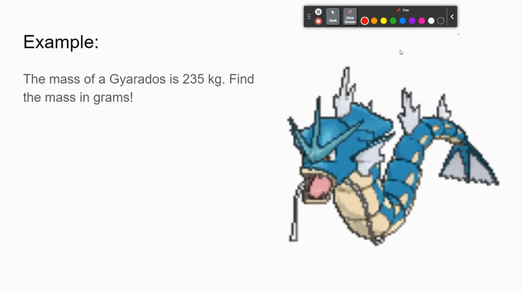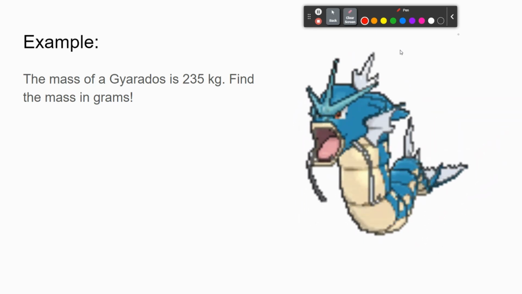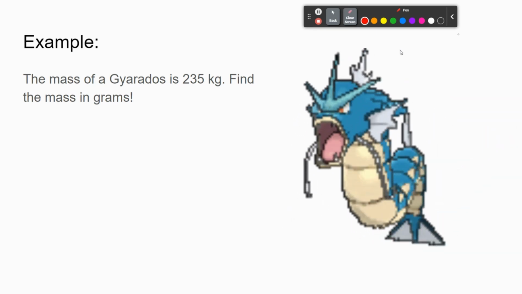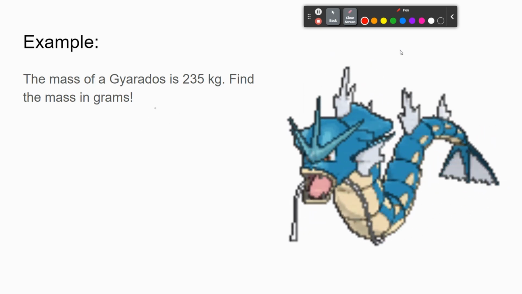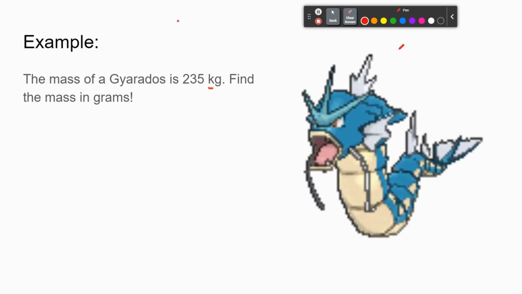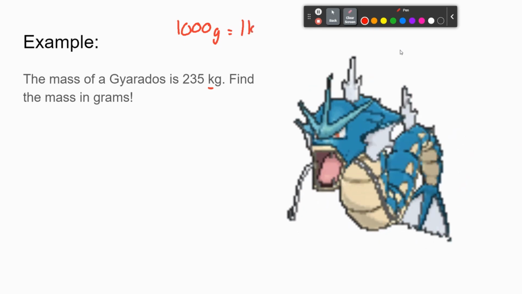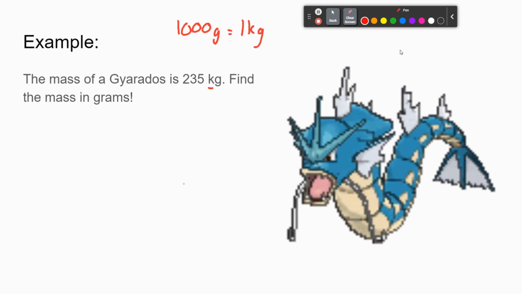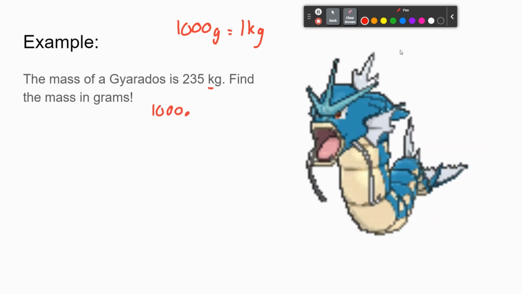So let's again talk about Gyarados in this example. We know that Gyarados weighs 235 kilograms. That's quite a bit. We are going to find the mass in grams. So because kilo means 1,000, we know that there are going to be 1,000 grams in 1 kilogram. So already we have our conversion rate there. We can write it as a rate.